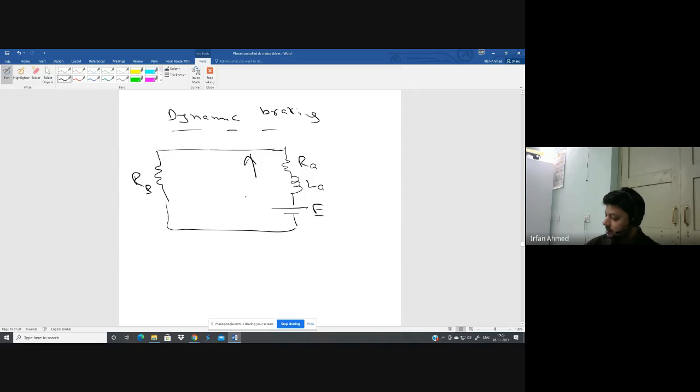This is the armature voltage VA, and this is the armature current IA, flowing because of the back EMF through the braking resistance RB. You have the field winding here, and that is connected to the fixed DC supply. So, how can you use a chopper here?